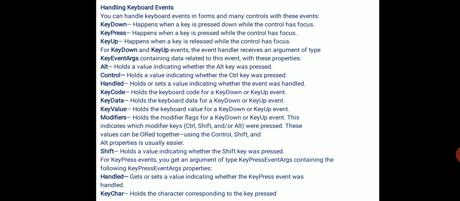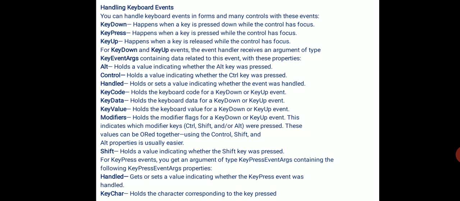See, whether the Alt key of your keyboard is pressed, and Control holds the value indicating whether the Control key was pressed. Control key of your keyboard was pressed. Handled holds or sets a value indicating whether the event was handled, whether any event was handled.